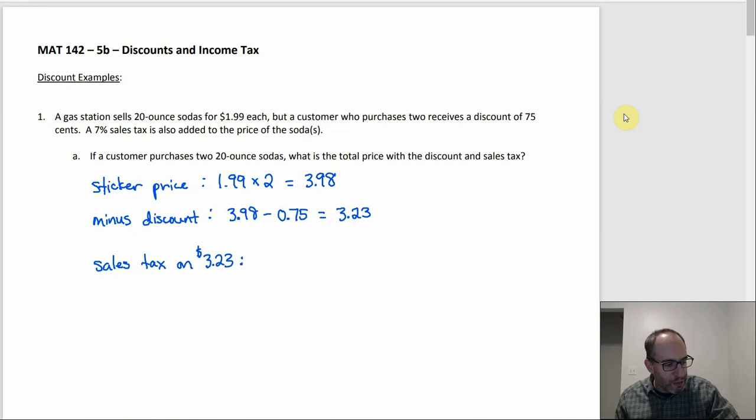Well, it's 7% of $3.23, right? Since the 7% sales tax. So it's 7% of $3.23, which would be, if you convert this into decimal form so we can do the multiplication, 0.07 times 3.23, which if you round to the nearest cent, happens to work out to be 23 cents.